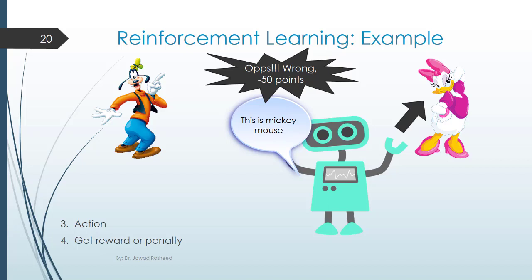It decided this one is Mickey Mouse, the one on the right side. Oh, wait, oops, this is the wrong answer. So there is a penalty for it, minus 50 points. The agent has made a wrong decision by choosing a duck as Mickey Mouse. Therefore, the agent, or you can say the model, will be penalized with minus 50 points.